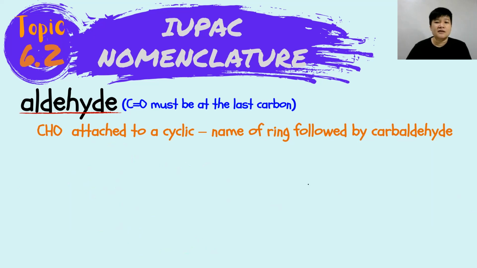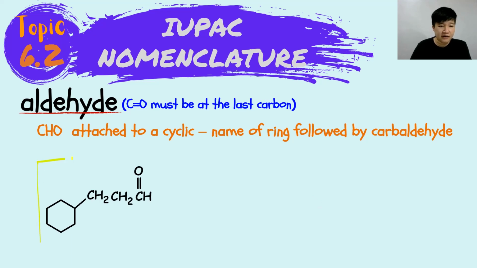Okay? Let's look at another example for aldehyde before we move on. Looking at this structure right now, guys, my question: are we going to have the parent as cyclohexane carbaldehyde? Alright, is this a C double bond OH attached to a ring? No. Why? Because the C double bond O and H is not directly attached to the ring.